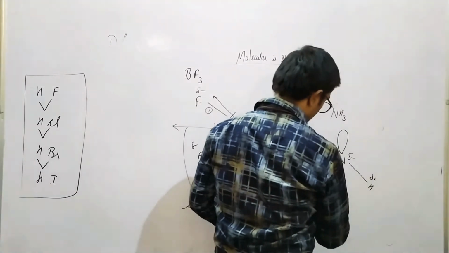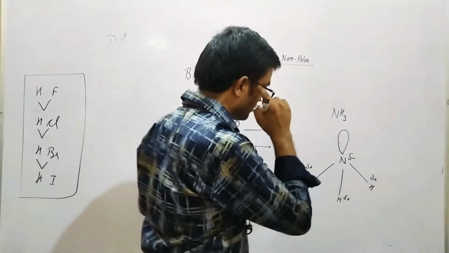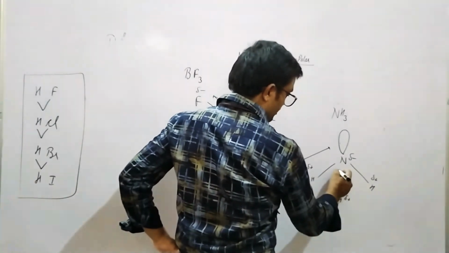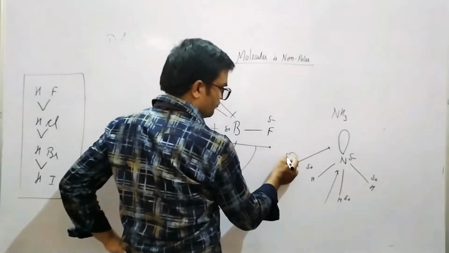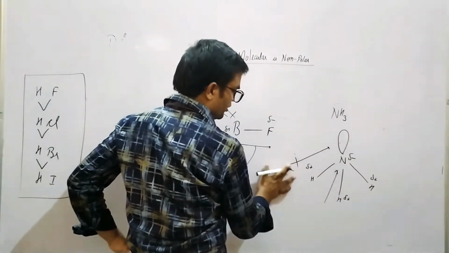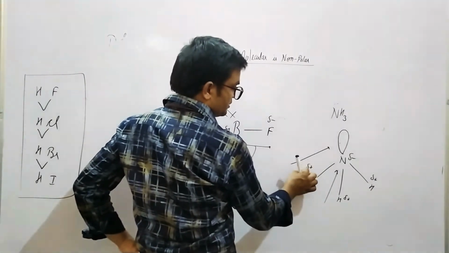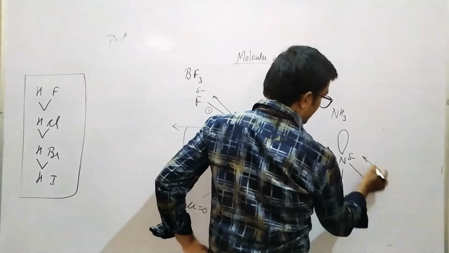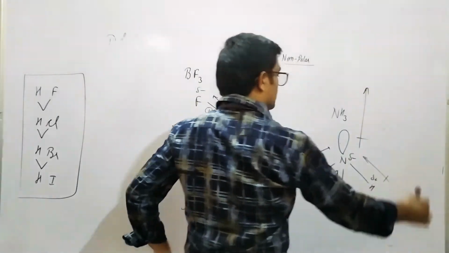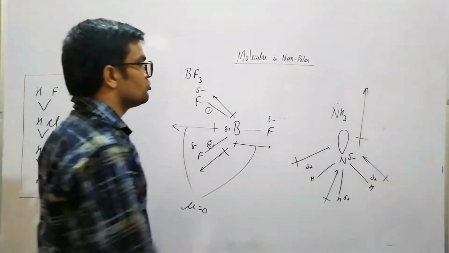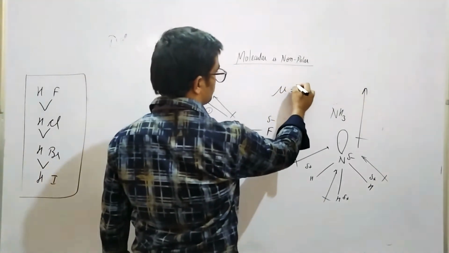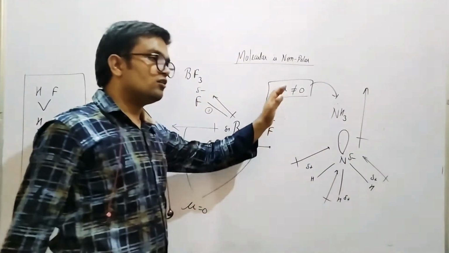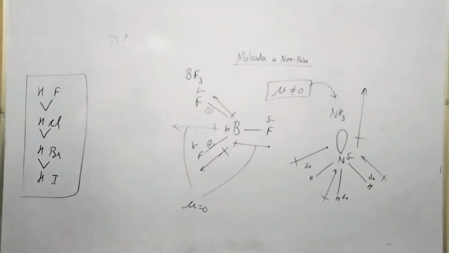The tail of the arrow will be on the side where there is positive charge. Hence the net dipole moment is toward the upper side, and this molecule is also a polar molecule because nu is not equal to 0.